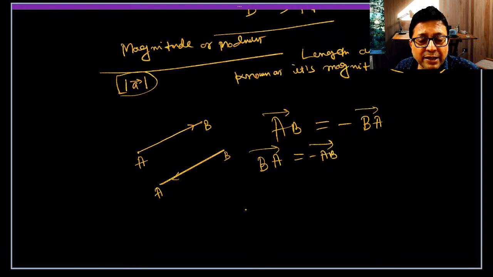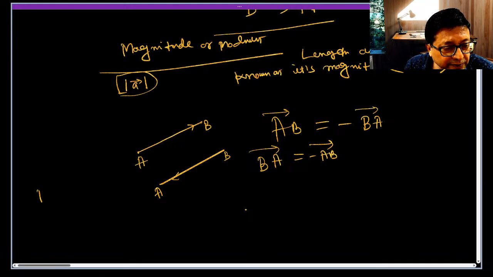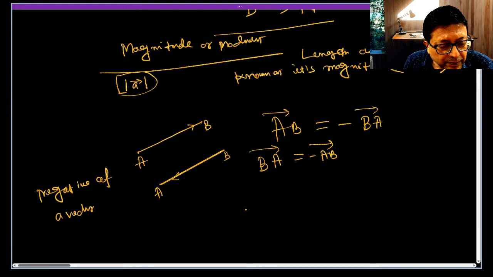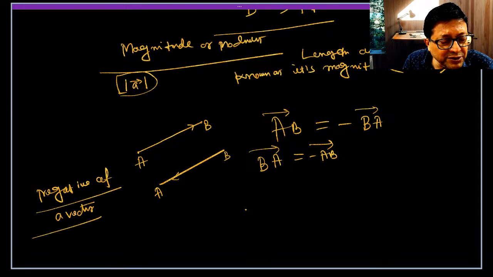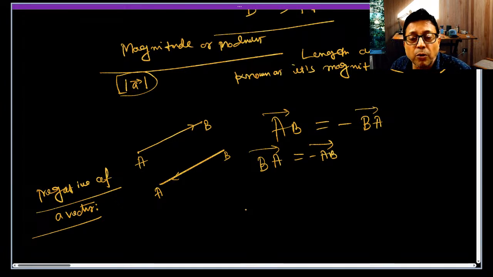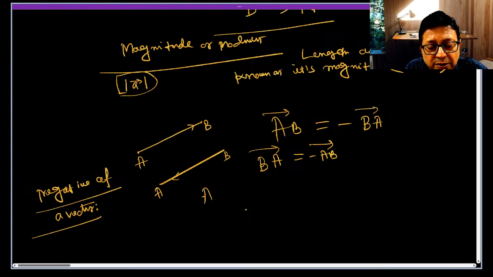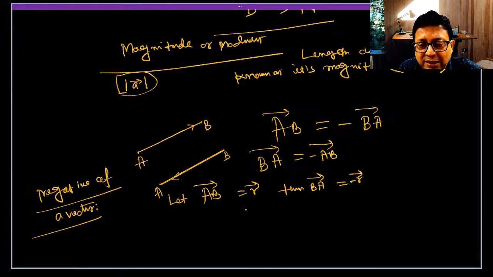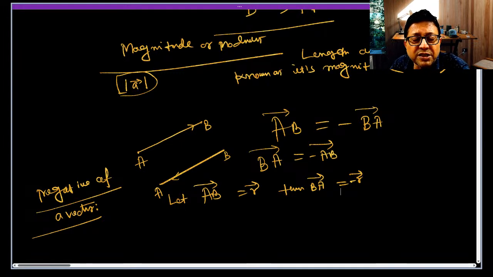This will be referred to as the negative of a vector. Negative of a vector is also a vector, just the direction is opposite. Let AB equal to R vector, then BA will be minus R. It's like this, just the direction is opposite.